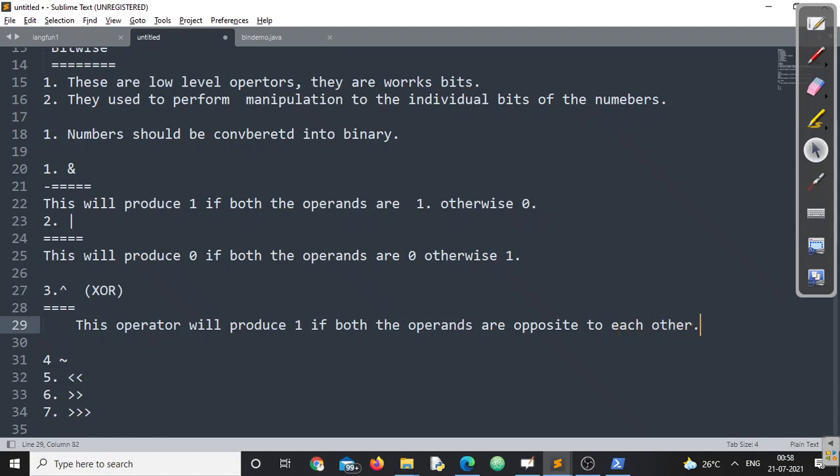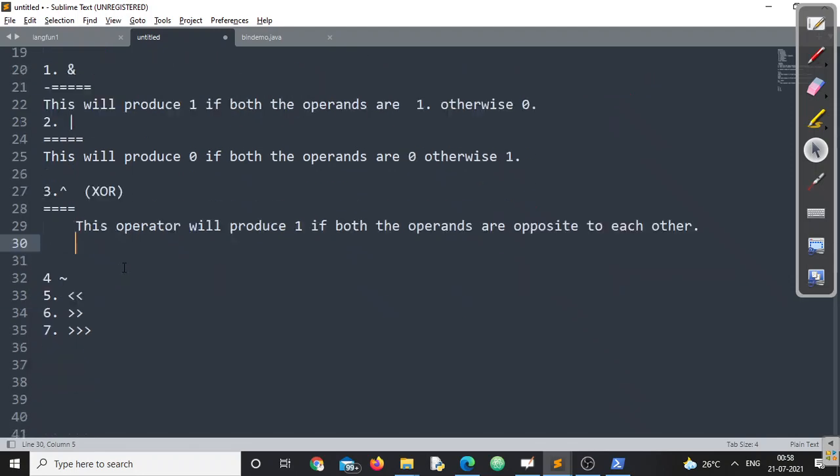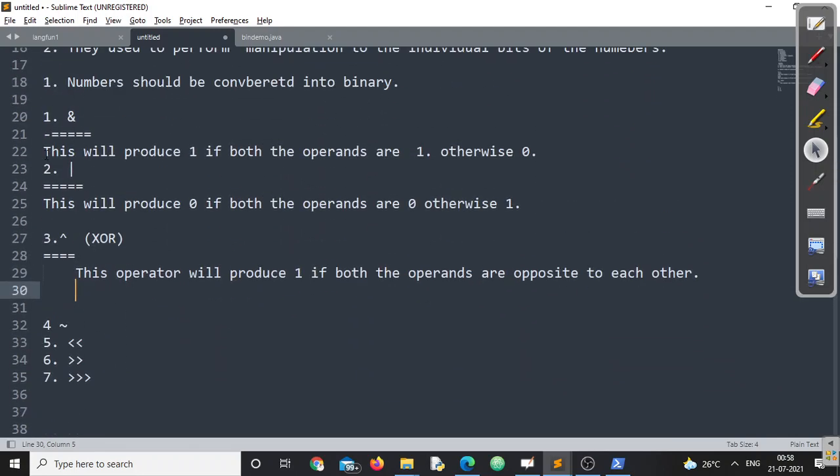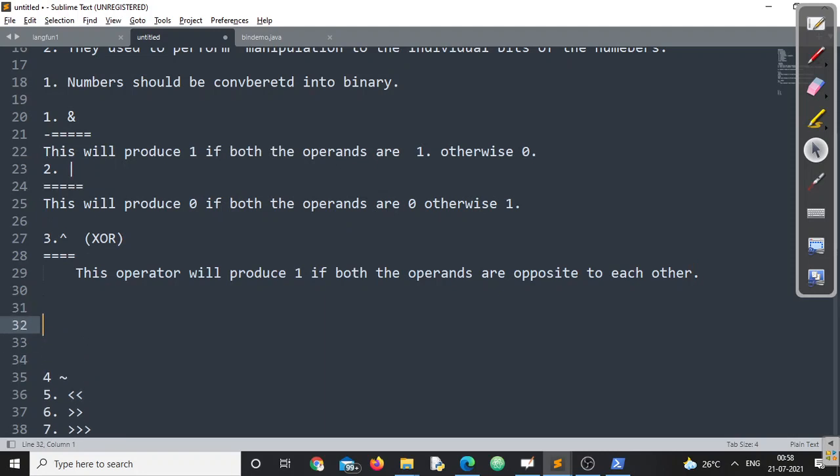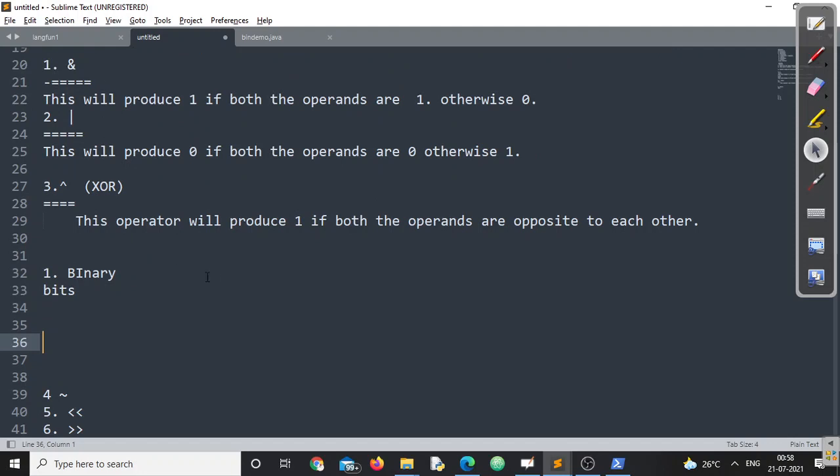Otherwise, in all other cases, it will produce 0. So these are 3 different things you got to know, and the operation is exactly the same. The process is, first you need to convert the number into a binary number, then you can operate on bits, right? We'll take one example and you will definitely practice. You can practice all the examples by yourself, right?